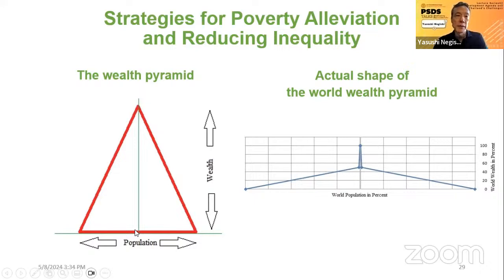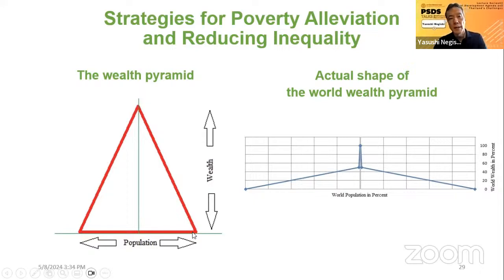And we will put, for instance, the number one wealthiest person on the left-hand side here, and plot his asset size. And the number two wealthiest person on the right-hand side, and plot his wealth size. And then assume that we have 100 people in this country.